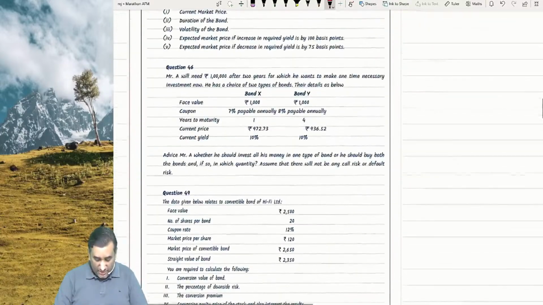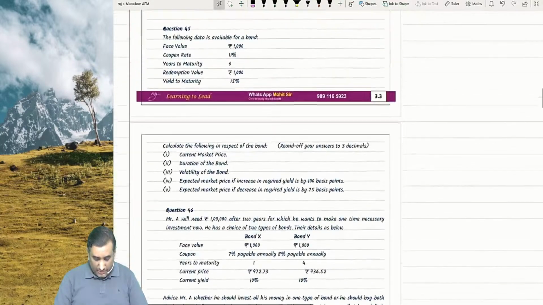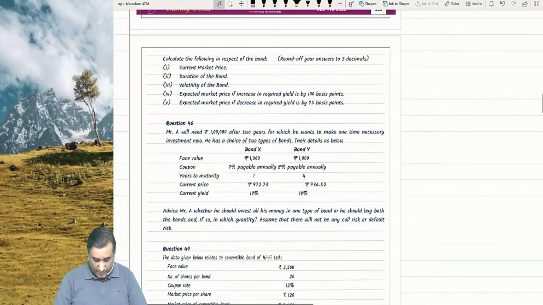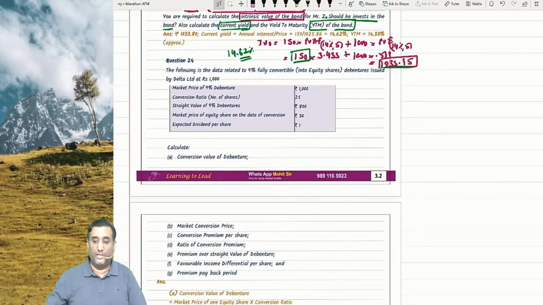Before entering into complexity, let's take a slightly easier one. I have given you 2 questions, 49th and 45th. Let me do one from my book, since I have given 2.